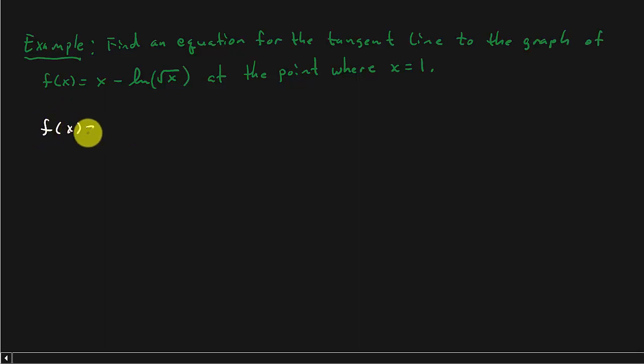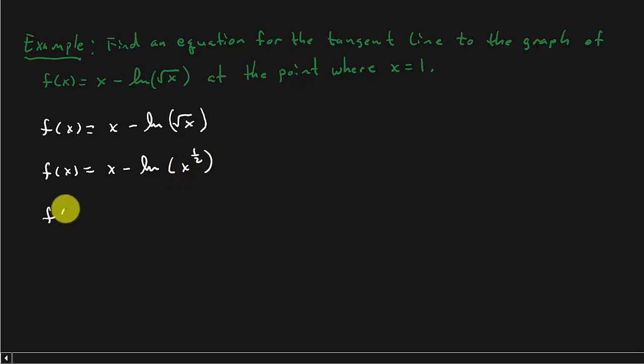So we've got f of x equals x minus natural log square root of x. Now, we can take the derivative like this, but remember we had a problem earlier. Let's make it easier. Let's rewrite f of x as x minus natural log x to the 1/2, which is f of x equals x minus 1/2 natural log x.